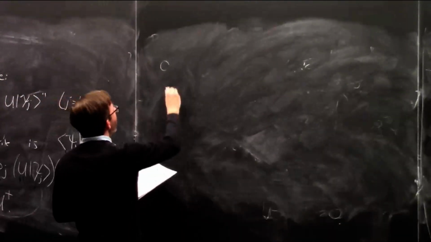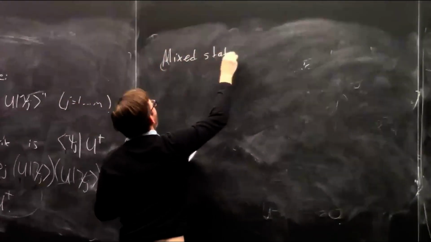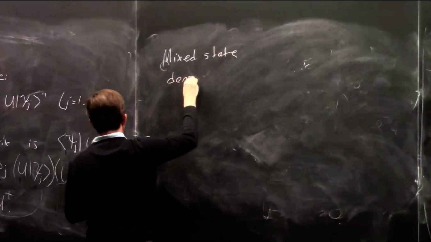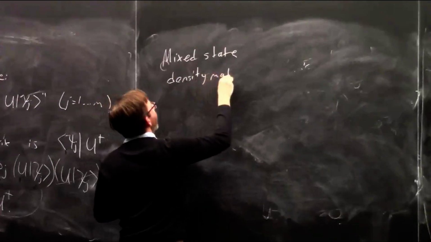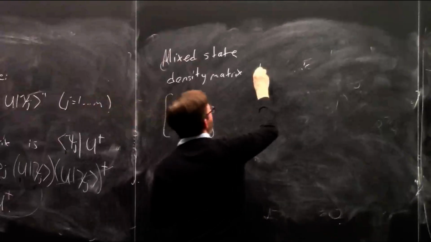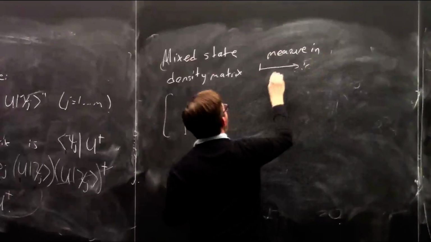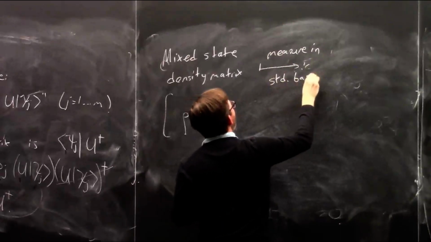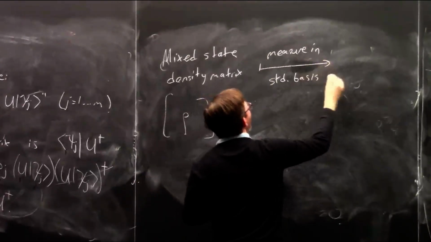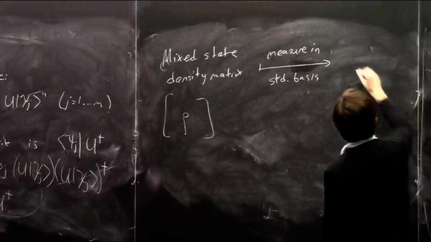So indeed, if we have some mixed state with density matrix rho, and then let's say we measure it in the standard basis, then, we actually worked it out somewhere.